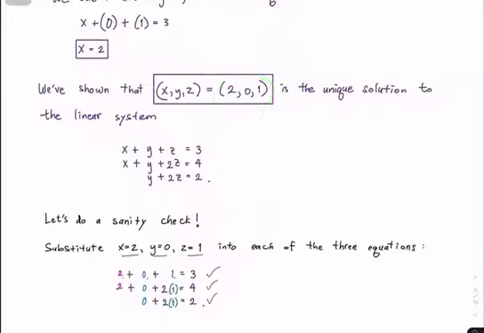To do that, I should substitute these values into each of the 3 equations, and you should confirm this on your own. For the first one, I have 2 plus 0 plus 1 equal 3. So that checks out. You should do the same thing for the second and third equation.